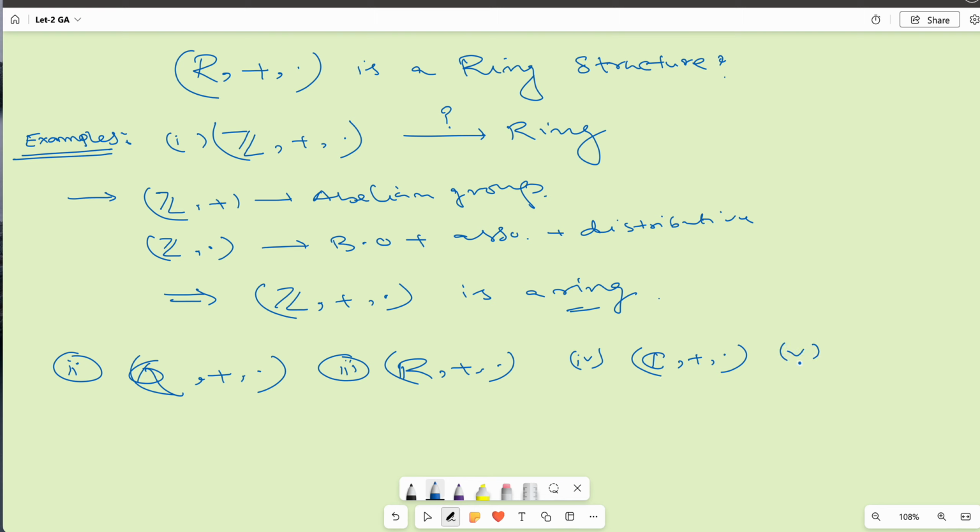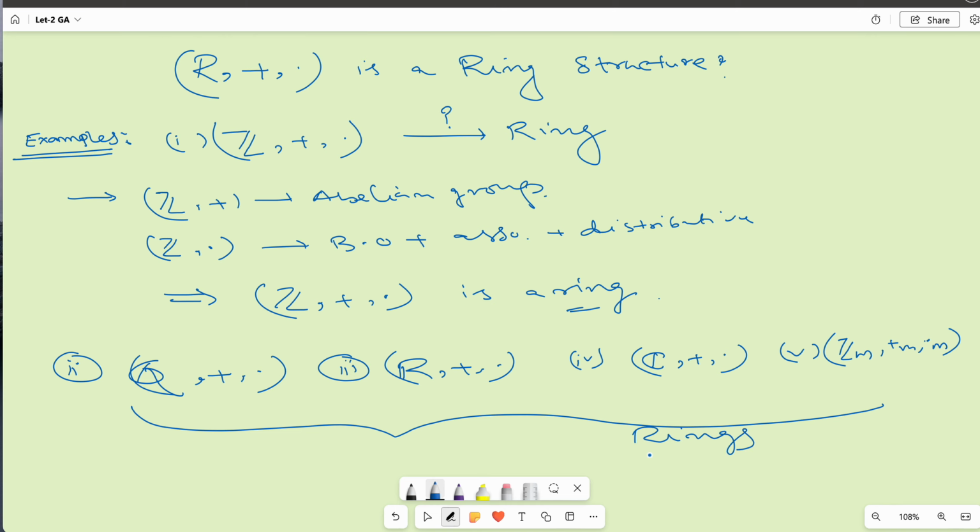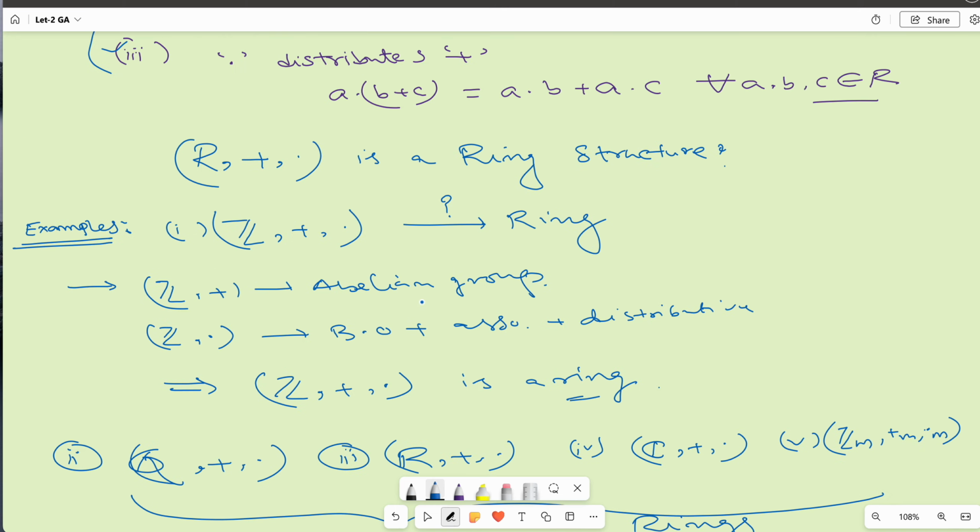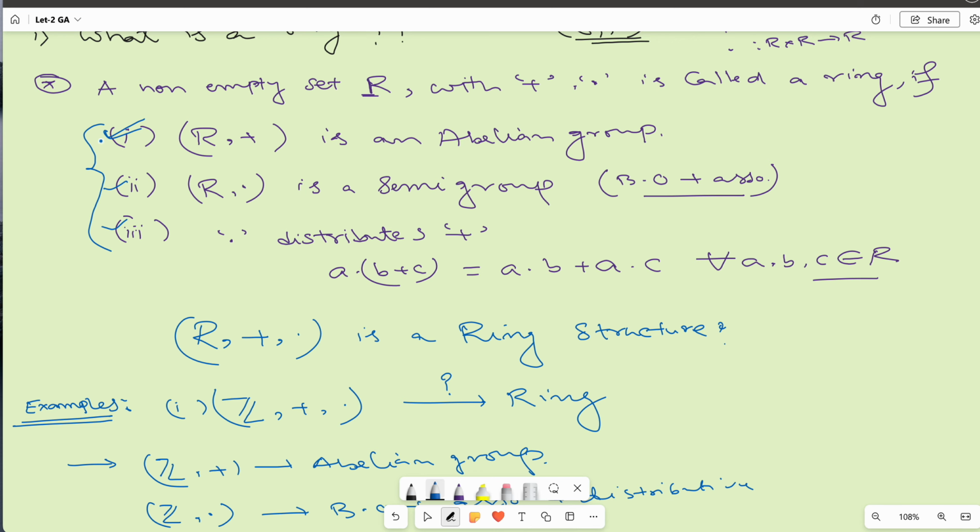And the fifth example, in Zm, addition modulo m and multiplication modulo m, is a ring. You have to verify all of these are rings. You have to check these three properties, right? Whether this is abelian, this is a semigroup, and this is distributive. If these three properties hold, then we say it is a ring.